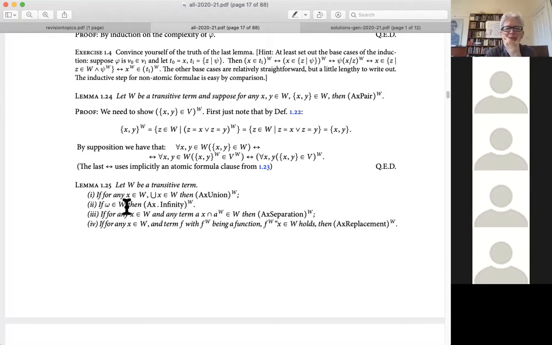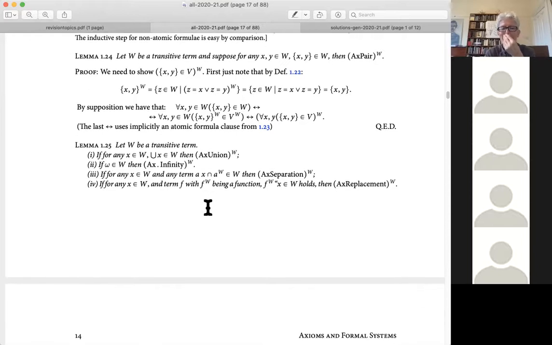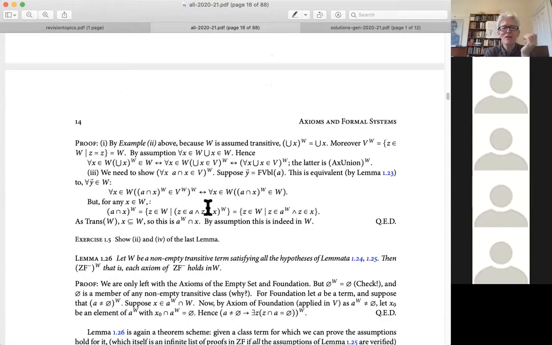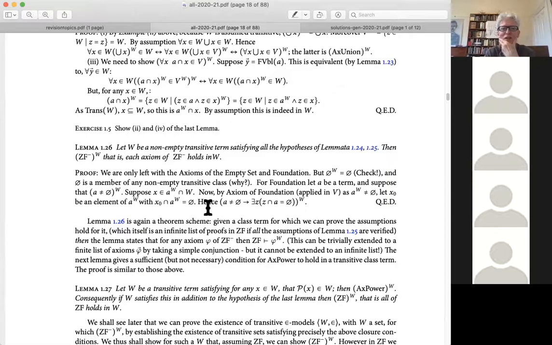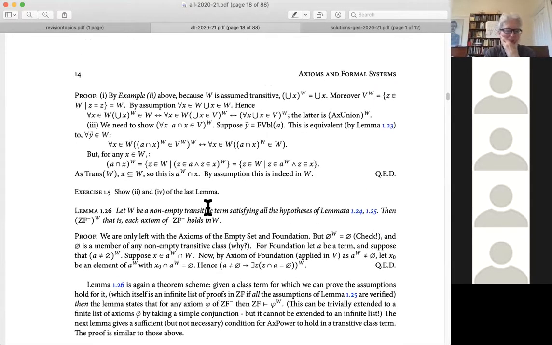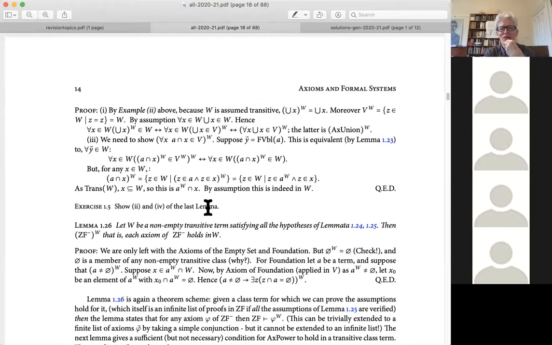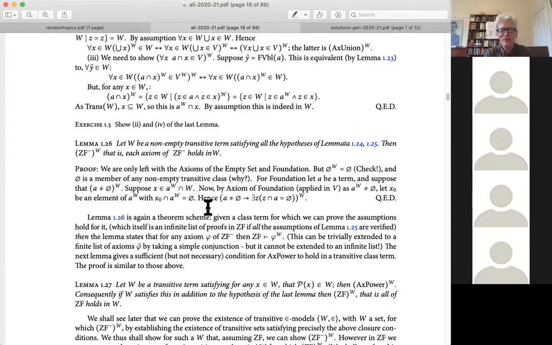So if W is closed under certain operations, then that axiom will be true in W. So if omega is in W, W will think the axiom of infinity is true. Kind of obvious, right? But one can give formal proofs of this just looking at how we syntactically relativize our axioms. But on the whole, you probably remember I skipped them.